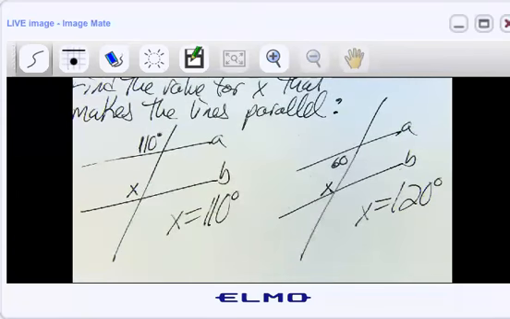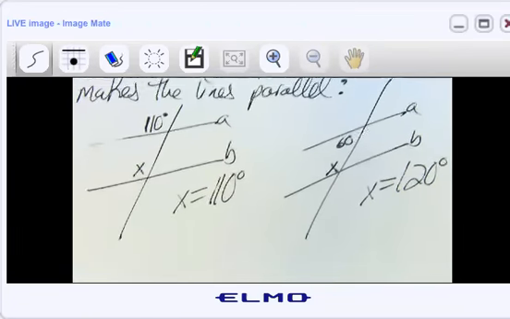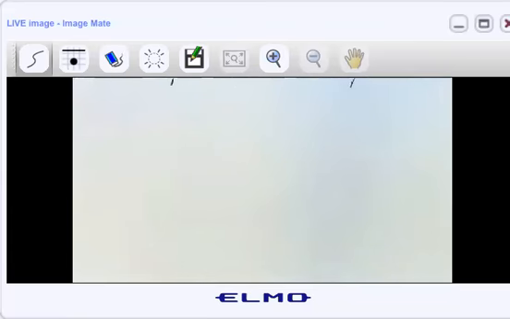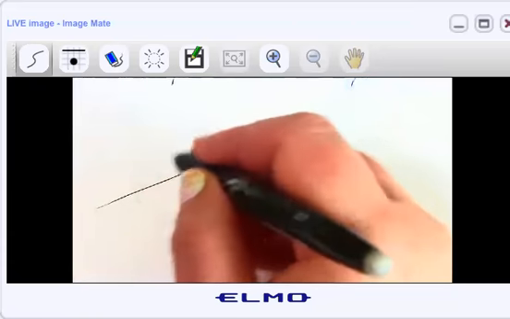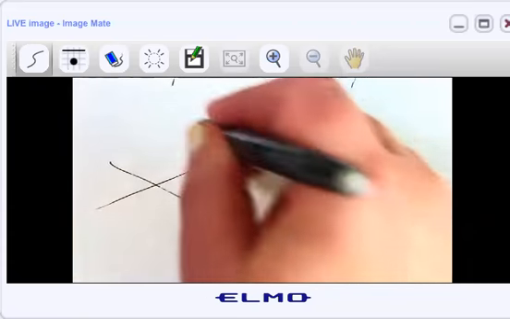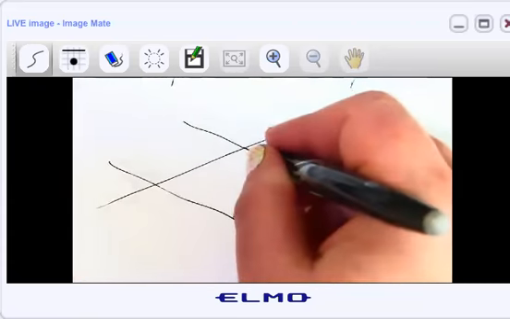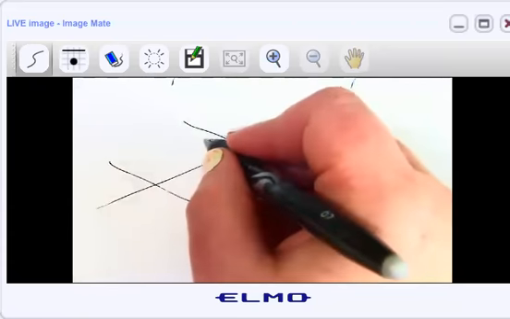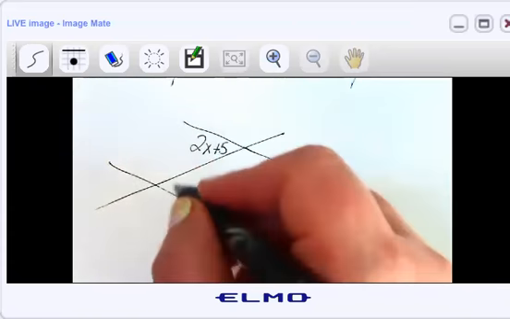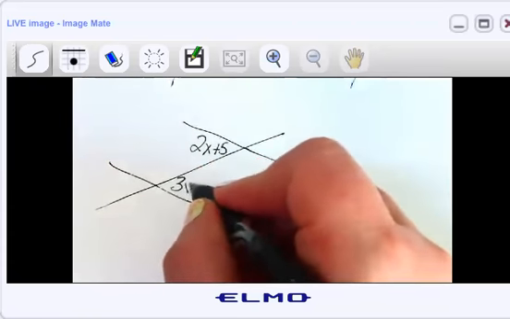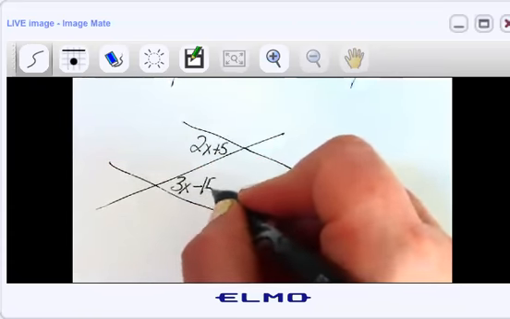All right, so it does have the same feel as what you've been doing. I am going to throw in a little bit of algebra. So let's try one like, let's say 2x plus 5, and let's do 3x minus 15.